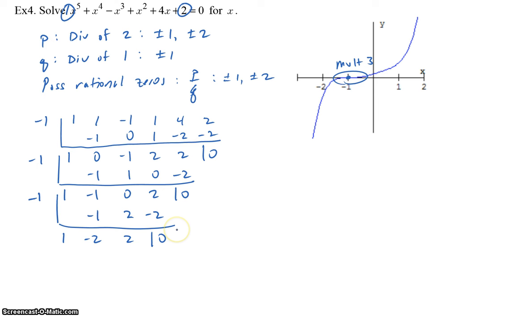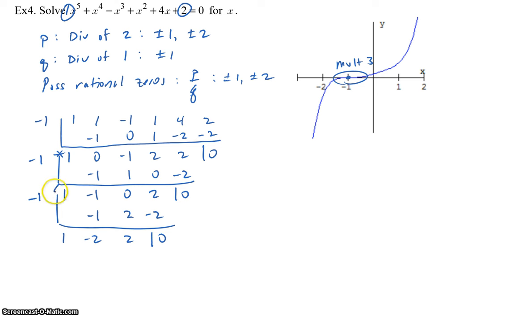Okay, so what we've done is, from a 5th degree polynomial, completed 3 synthetic divisions. The first quotient we obtained would have degree 1 less than the original polynomial, so that would be 4th degree.